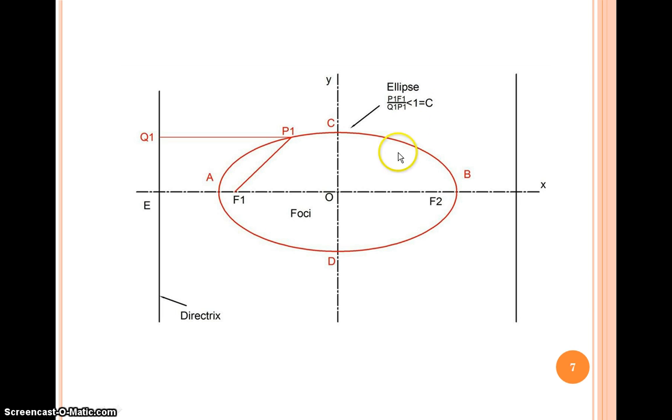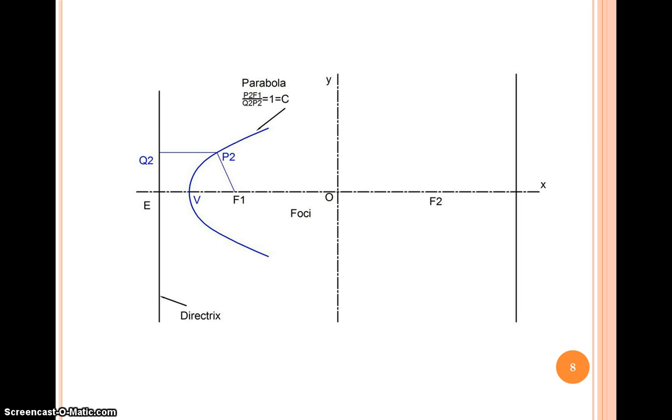That is, the eccentricity of the ellipse is always less than 1. Then let us consider the second figure. This is a parabola. If you see the ratio of line P2 F1 and line P2 Q2, that ratio is exactly equal to 1. So it is a parabola.